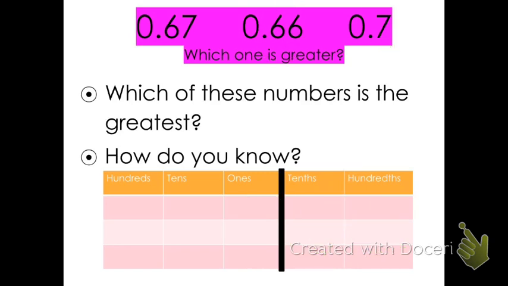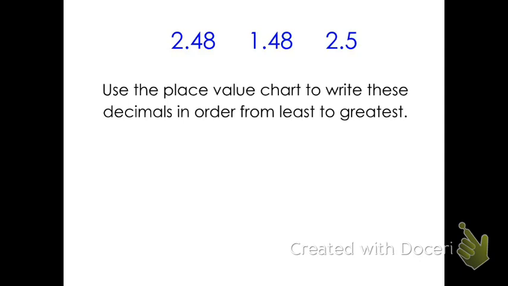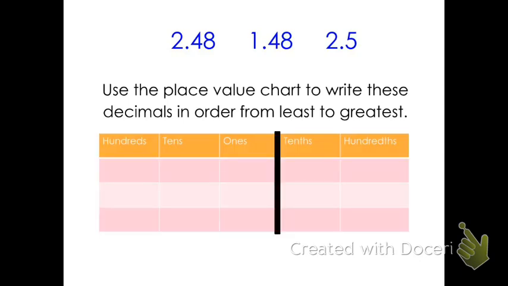In your notes, I want you to use your place value chart to write these in your chart, and then let's write them in order from least to greatest. So the first thing I'm doing is writing them in my place value chart, writing in each one based on the place value they're at. I'll start with 2 and 48 hundredths.